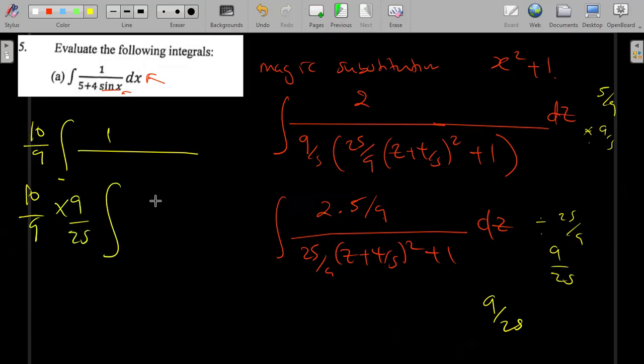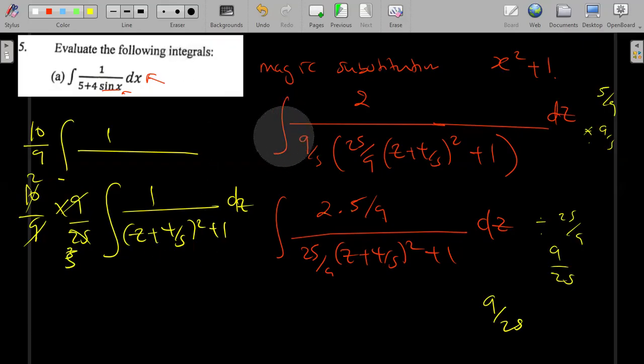Then the integral of 1 over z plus 4 over 5 squared plus 1, then dz. So this divides that 5 2 times, and 5 5 times. So that's what I remain with now.